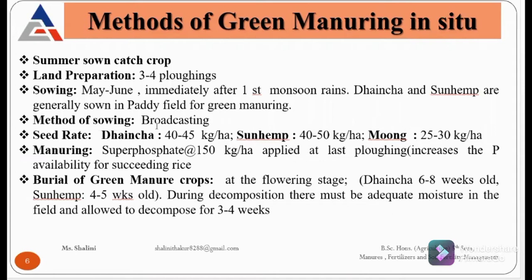The sunhemp should be 1 month old, and then it is incorporated in our main field. During decomposition there should be proper availability of moisture, and for proper decomposition they require 3 to 4 weeks.